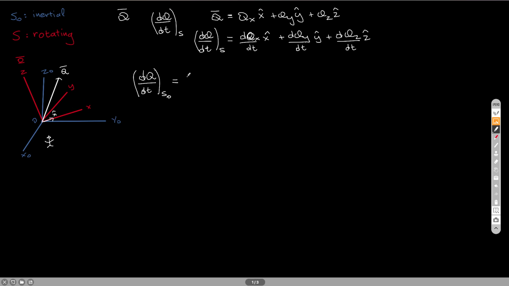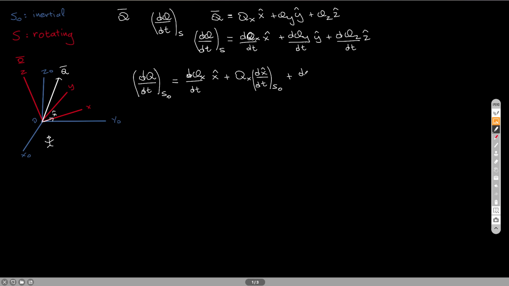This means that when I take the time derivative, I need to do dqx dt x hat plus, and this is important now, the x component of q times dx hat over dt, and this derivative will be taken with respect to the inertial frame of reference.